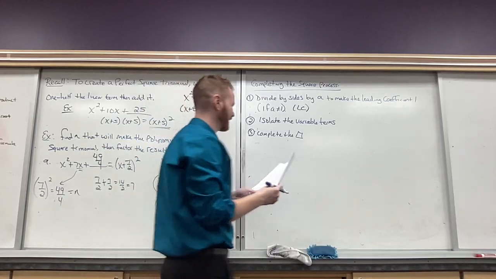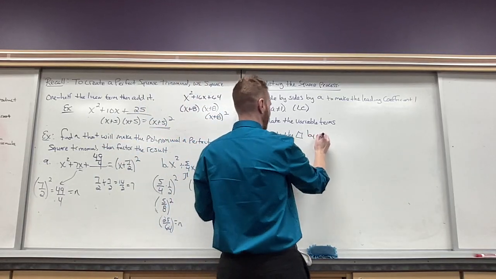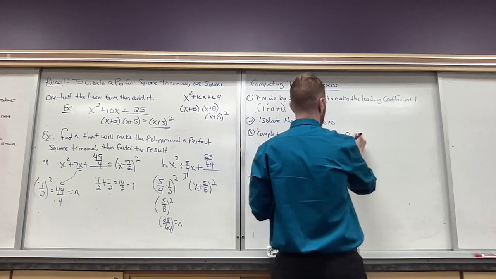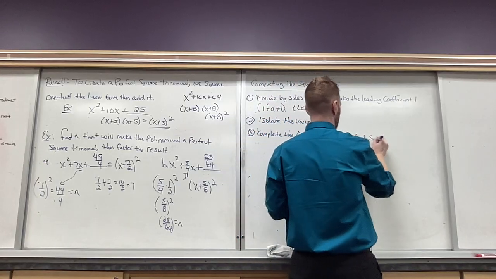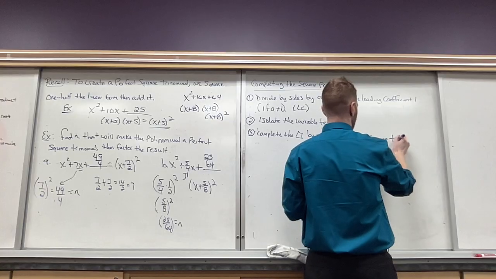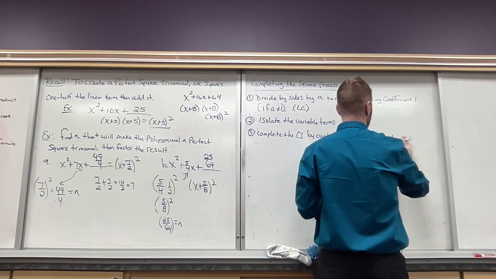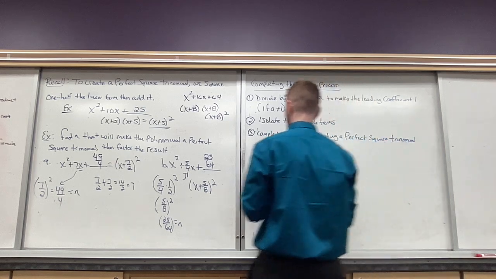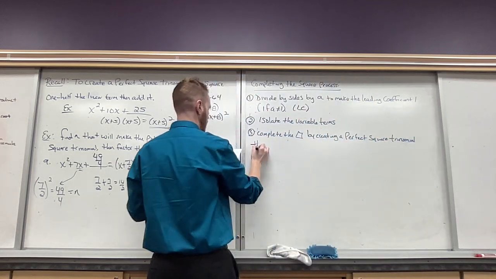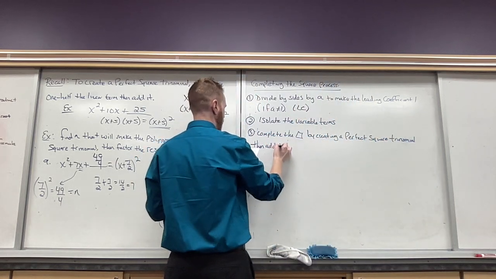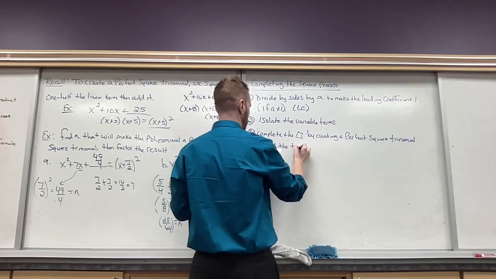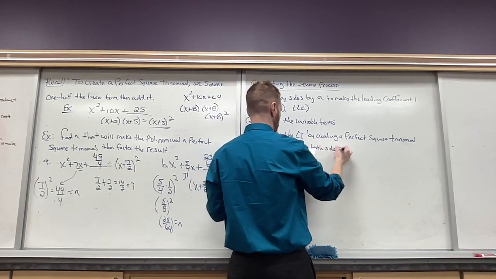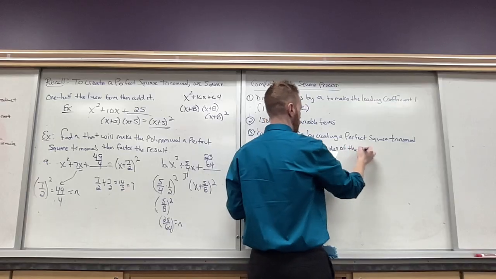Let's complete the square by creating a perfect square trinomial. Okay. Then add the term to both sides of the equation.